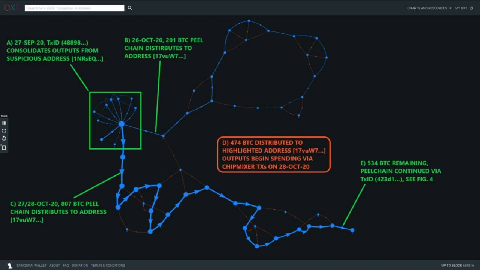Rather than sending all 200 Bitcoin in this peel chain in one transaction, you do it over several smaller transactions, and this is, in whatever context, deemed slightly suspicious. We don't necessarily view peel chains as suspicious.